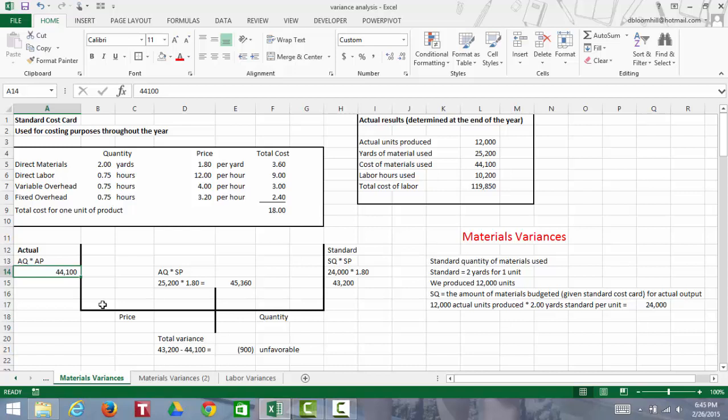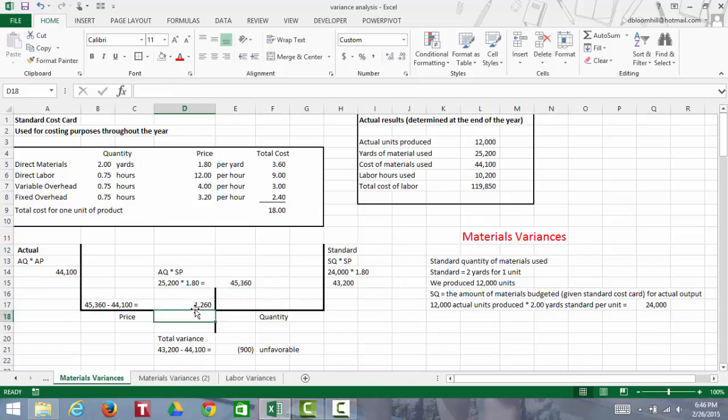So now, first, let's calculate our price variance. Our price variance is the difference between the middle prong and the left-hand prong. So I'm going to take 45,360 and subtract 44,100, letting the computer calculate that. 45,360 subtract 44,100, I get a price variance of 1,260.